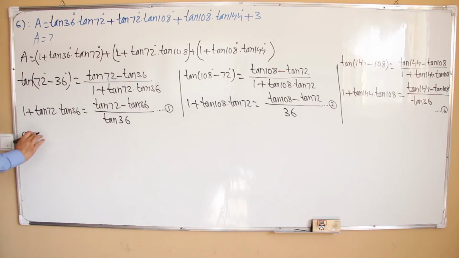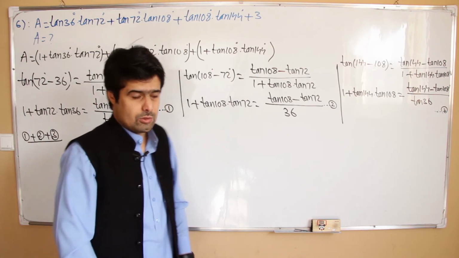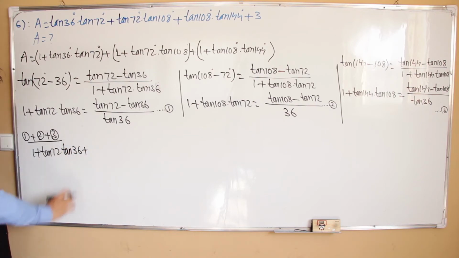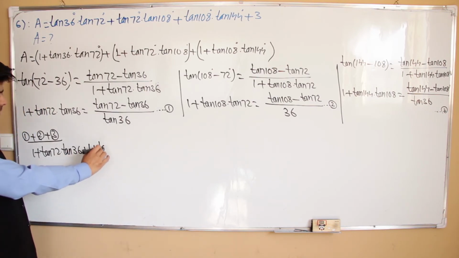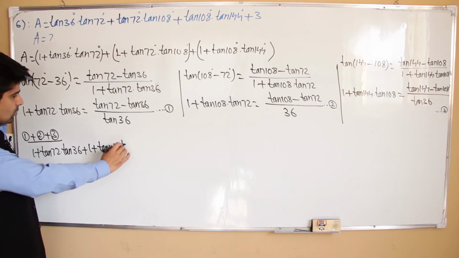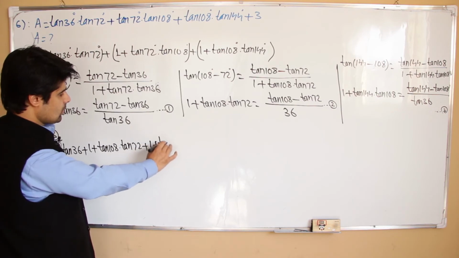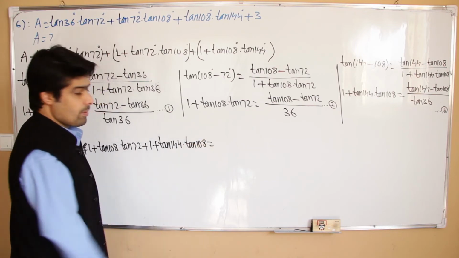I want to add all these three equations: equation number 1, number 2, and number 3. So on the left side, 1 plus tangent 72 times tangent 36, plus the second equation's left side, 1 plus tangent 108 tangent 72, plus the third equation, 1 plus tangent 144 times tangent 108. Am I right? Yes.